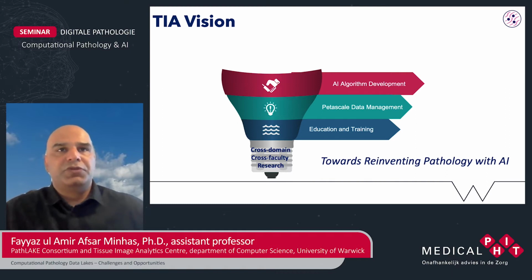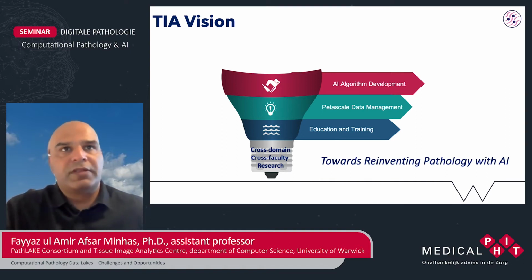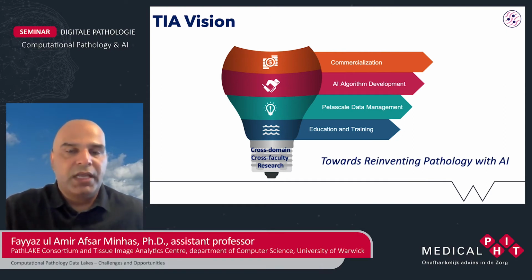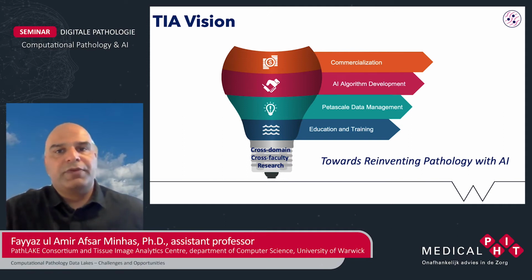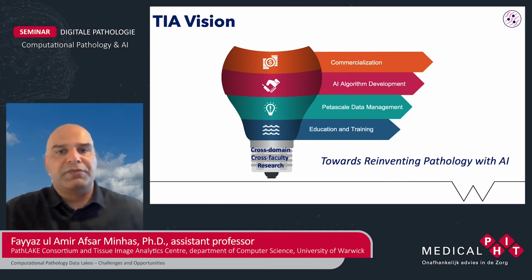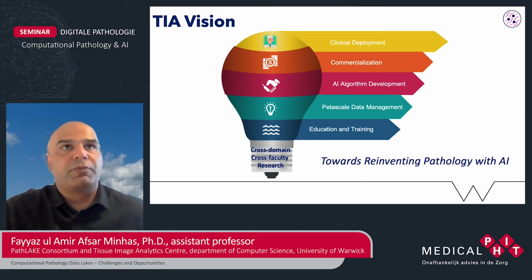But what we really want to do is to develop computational algorithms or AI algorithms that can be used for computational pathology and easing the different workflows that are used in clinic. We'll also be focusing on commercialization, in which we work with different commercial partners to commercialize some of the algorithms that we develop, as well as scanner vendors, so that we are in harmony with various image formats.